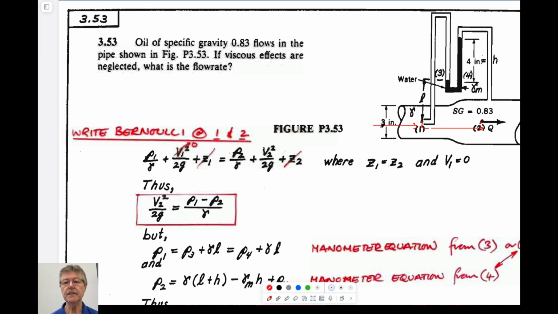And so we know that this velocity here and this velocity here might be similar, I guess, except there's this cross-sectional area which makes things a bit more complicated. We also know that we can get the pressures between this point and this point by using this manometer.